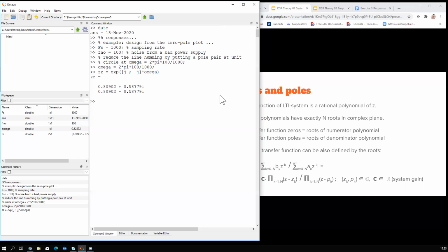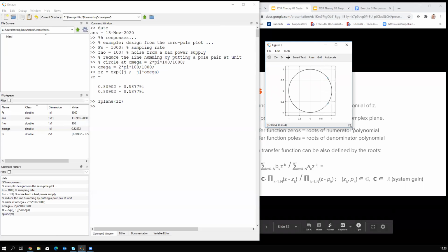So 2 components, a 2 by 1 vector. It means that yes, 2 special places. It's the 0.80902 plus that. So that's the coordinate, and we can plot it by using the z-plane function. Let's just put zz here. Let's see what happens. Does it do anything? Yes. Okay.